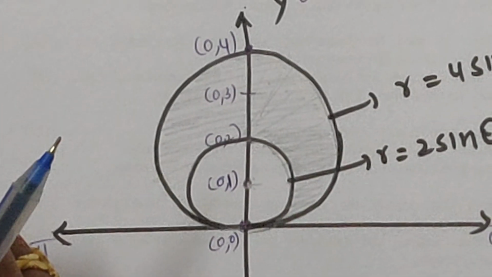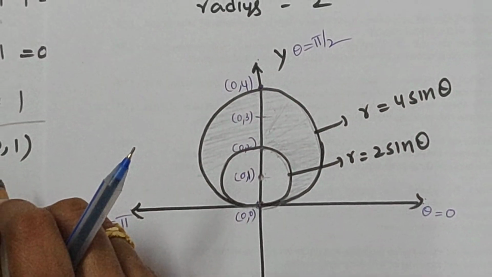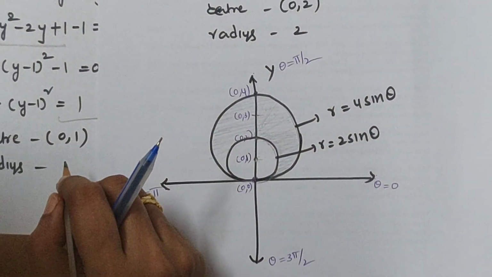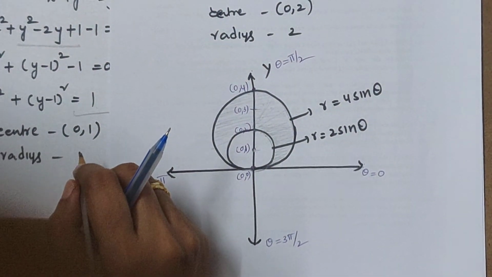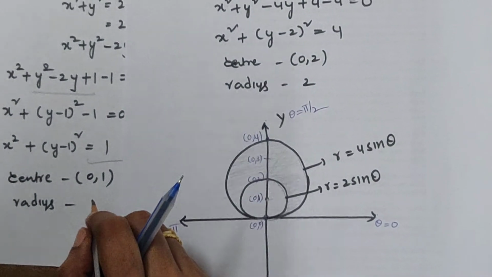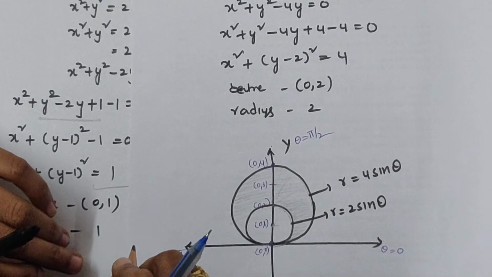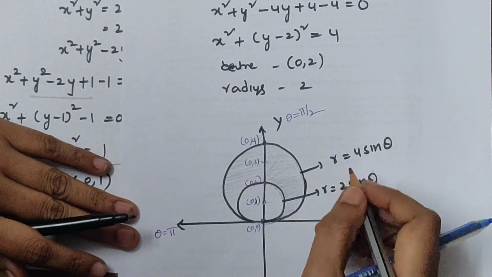If we take a vertical strip, we get y limits and do y integration first. If it is a horizontal strip, we get x limits and do x integration. In the polar plane, we consider the radius vector.